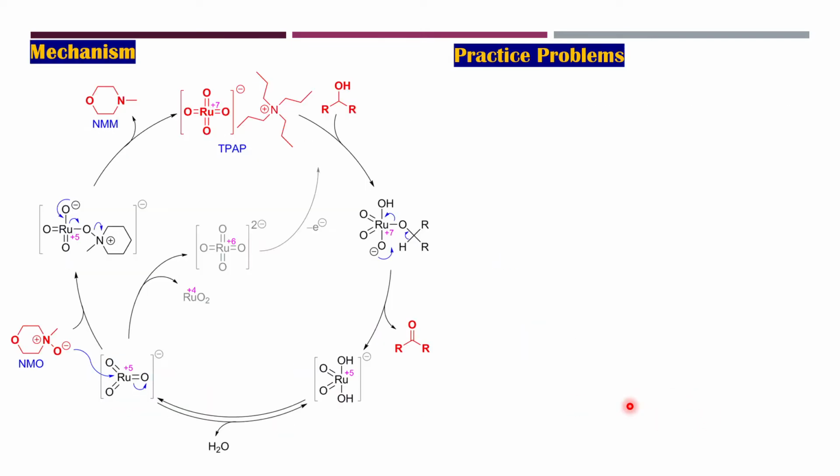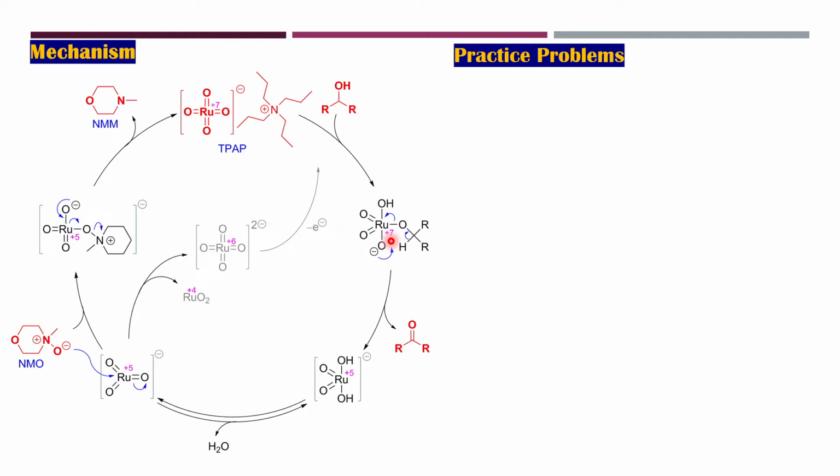Next, this is the mechanism. This is the structure of the perruthenate, and here we are using the tetrapropylammonium ion. This particular alcohol, which is a secondary alcohol, coordinates with the metal, just like in the case of Jones reagent.